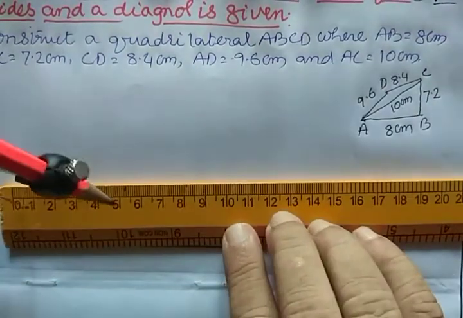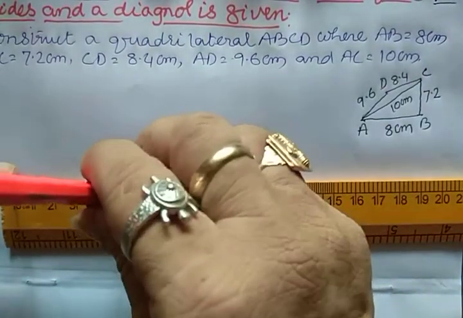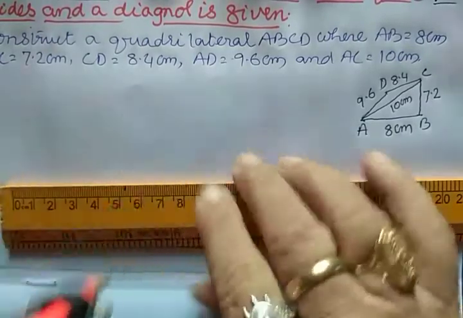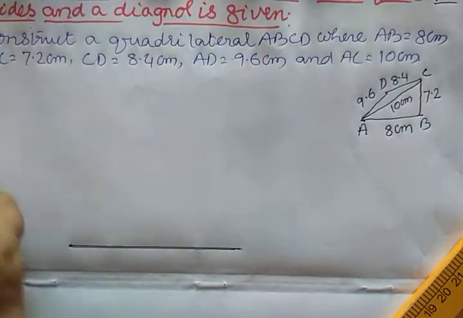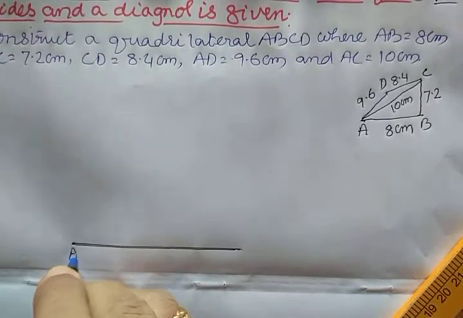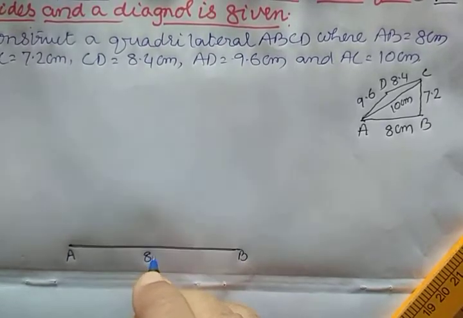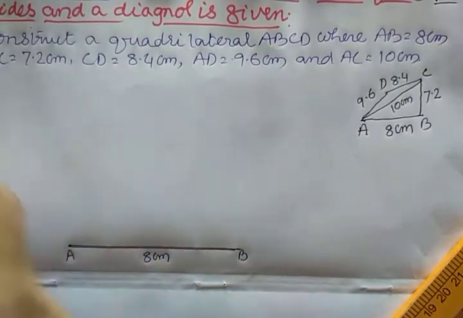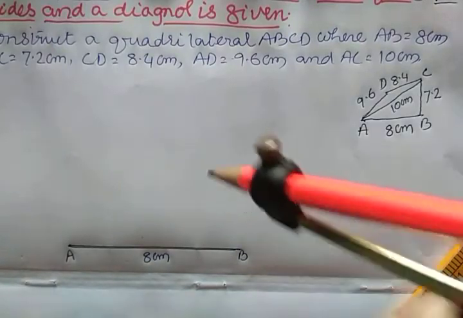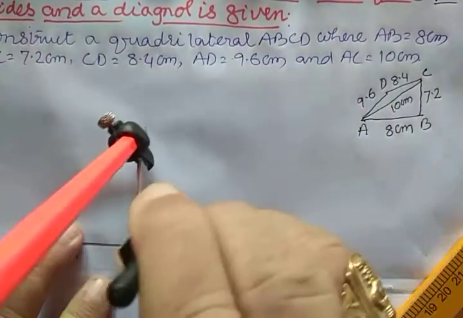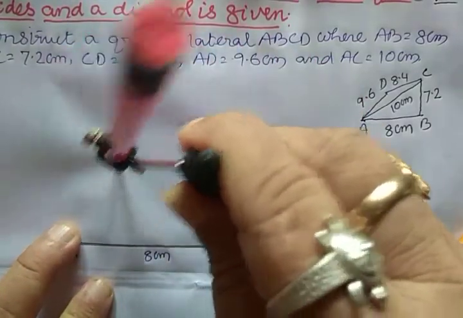Now BC is equal to how much? 7.2. So I measure 7.2. So this is your AB. What is its measure? 8 centimeters. And from B, I took an arc of 7.2 centimeters.